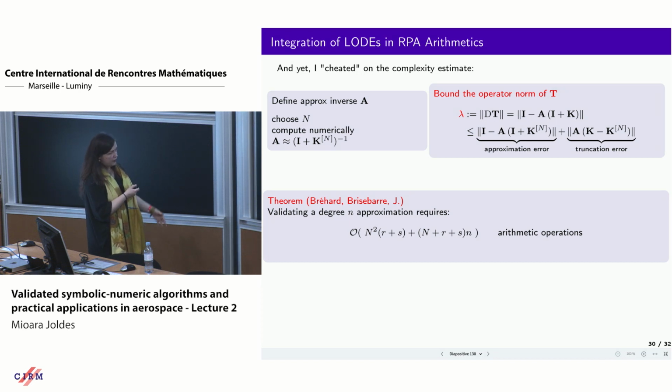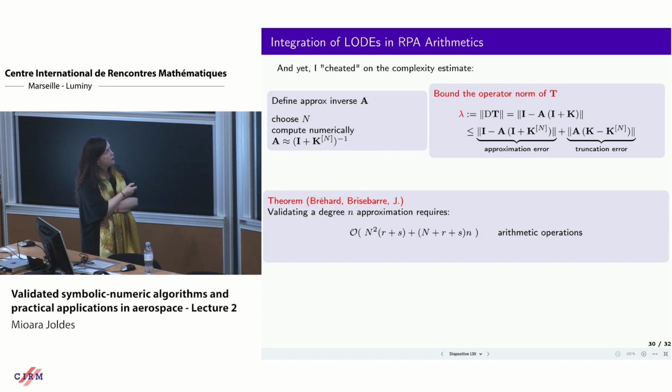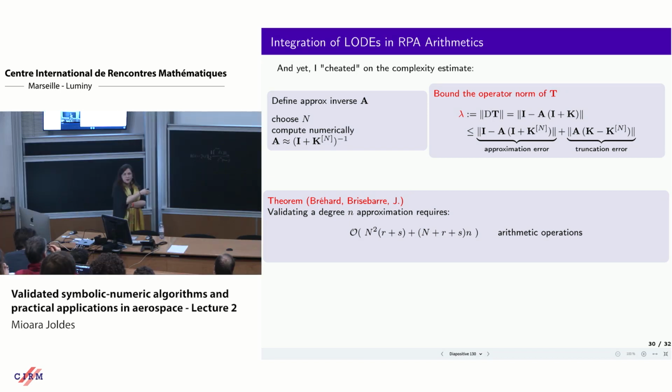R is also identified with the order of my differential operator, and S with the degree of the biggest polynomial that I have in my differential operator. So I have this number of arithmetic operations, and this is my n, the degree of the polynomial that I actually want, of the truncation of the series that I actually want to validate.